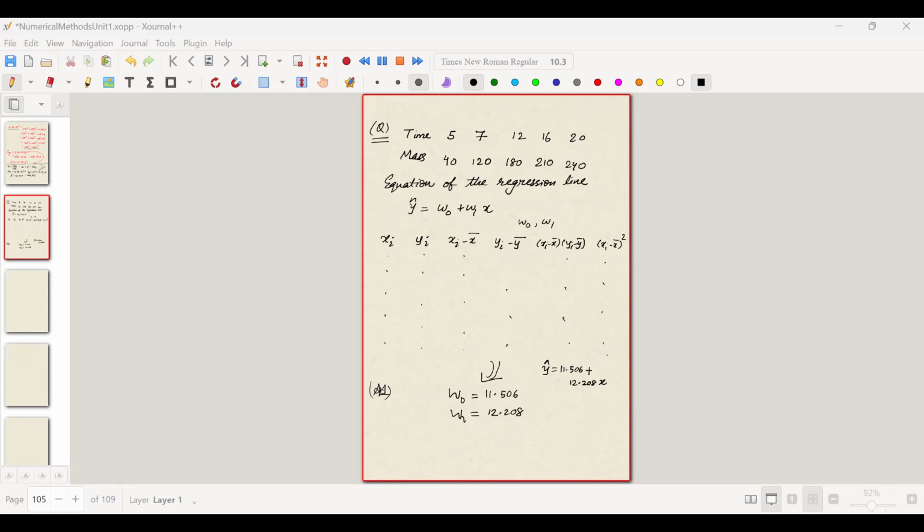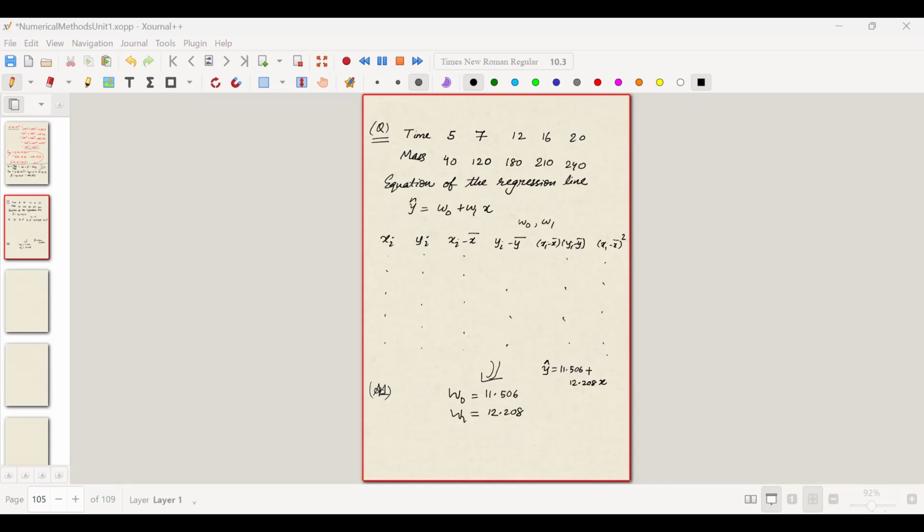So far, I plotted these data points. It is like this. Negative sign here, the slope is negative. The slope of the line is negative because one of your coefficients is negative. You can find the slope of the regression line also.